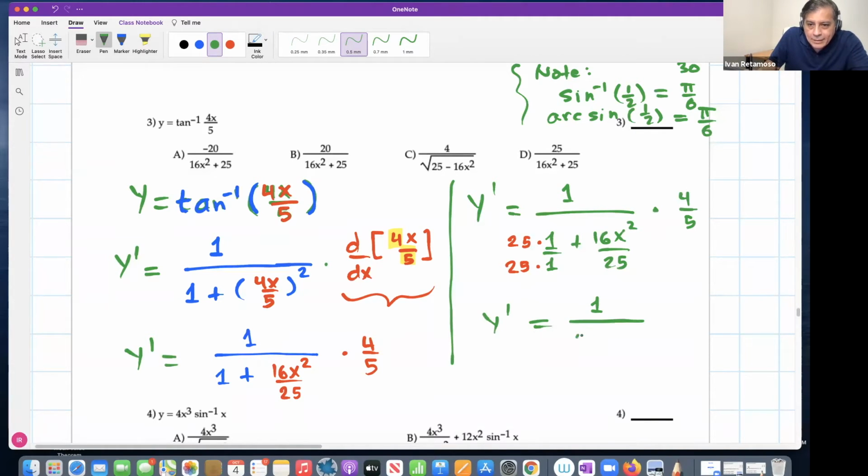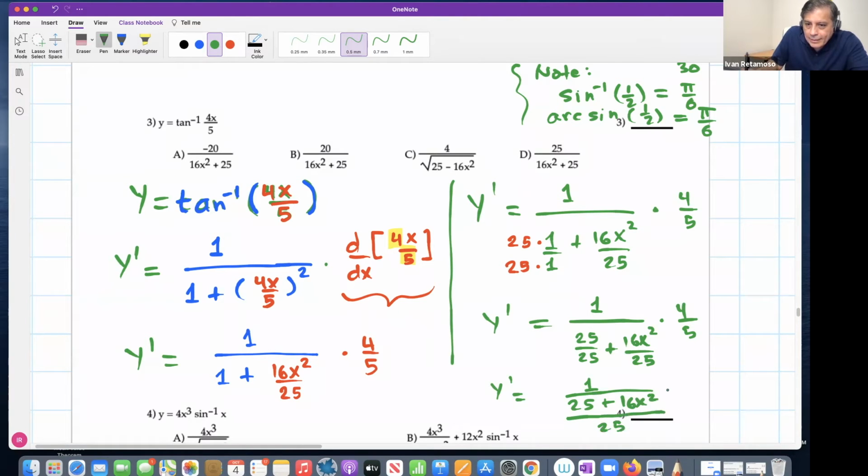As I advertised, a lot of algebra is needed here, but do it carefully, and the answers should come out. Now, when you add, you keep the common denominator, so you're going to get 25 plus 16x squared all over 25.